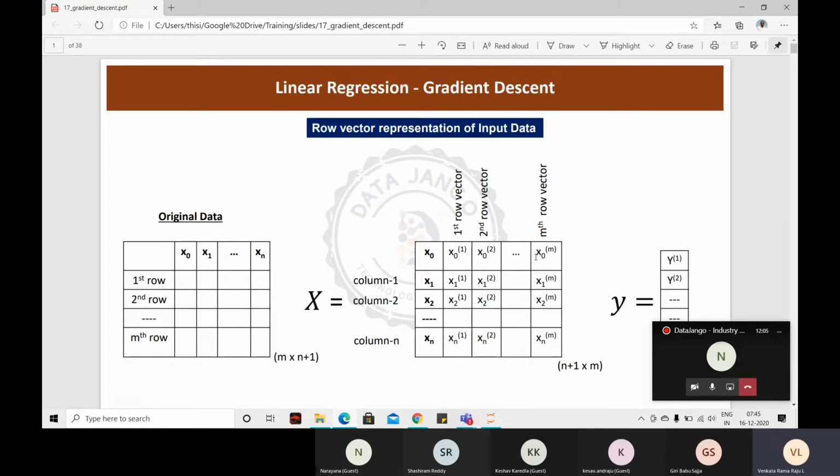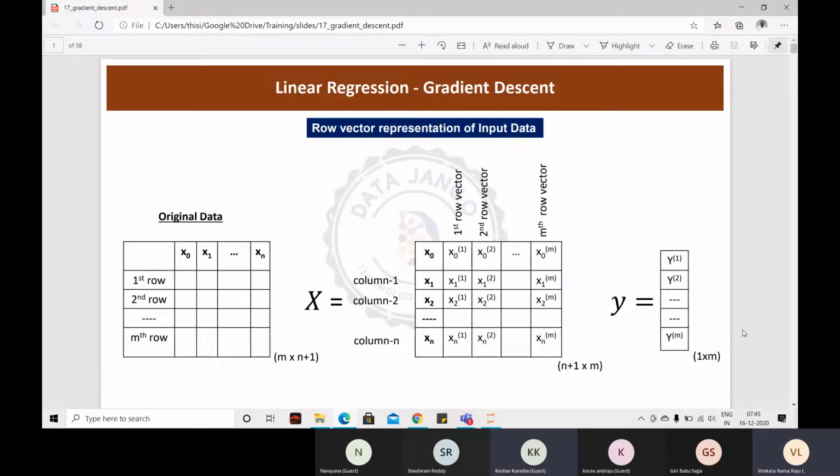The second problem is it cannot handle a huge volume of data. The advantage is that in a single shot you will get all thetas. But not being able to handle a huge volume of data is a big problem. Do you agree? Why?